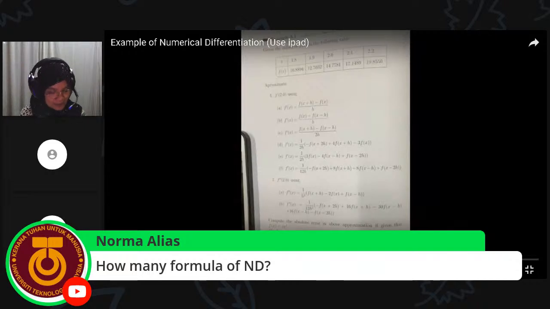For the second order derivative, you have another 2, the 3-point and 5-point. So that is 6 formulas that you have learned now. For higher order derivatives, such as the third and fourth order, we give you the center and backward formulas; we don't ask you to prove them because many points are involved. So the answer is 6.